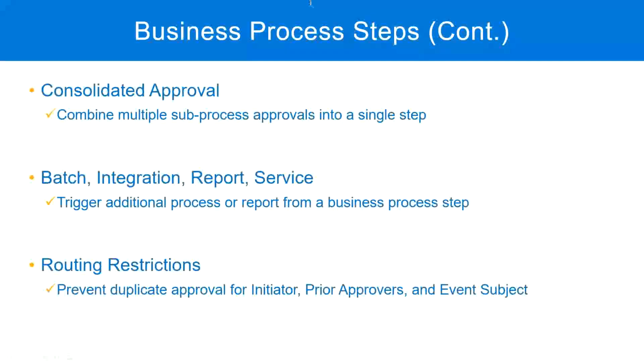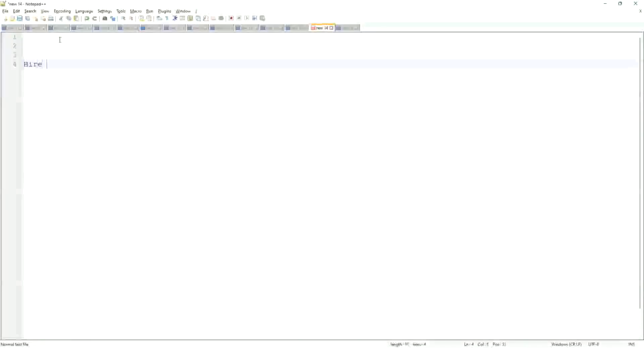So let's say that you are doing the hire process, right? And in the hire process, step A is always initiation. Let's say B may be an action step that says review by HR partner. And then step C is an approval by manager.